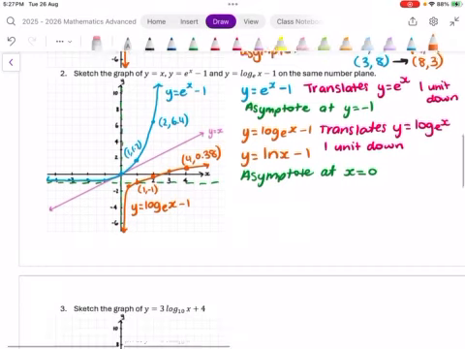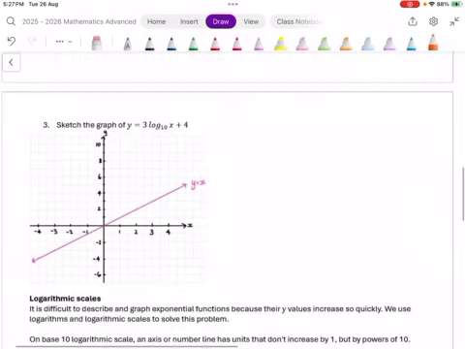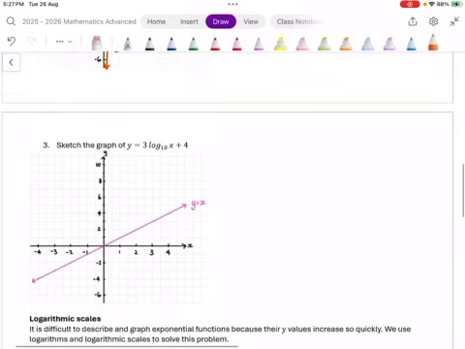On our next page, we now want to sketch the graph of y equals 3 log base 10 of x plus 4. I've just included the line y equals x just for fun, just ignore it. Okay, we're not shifting the graph to the left or the right.